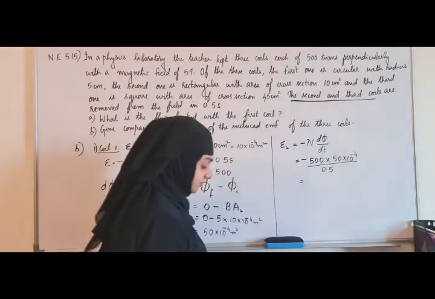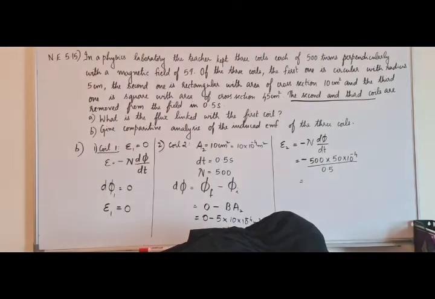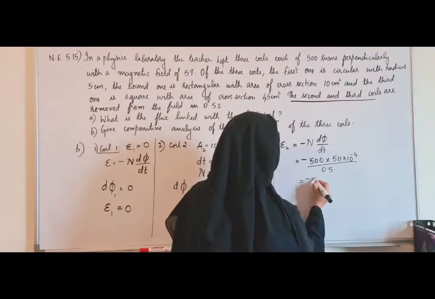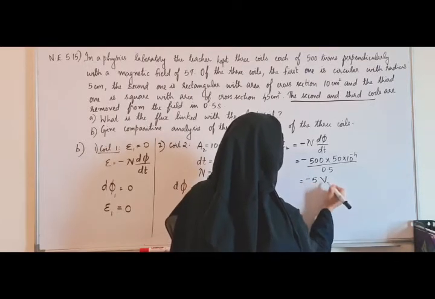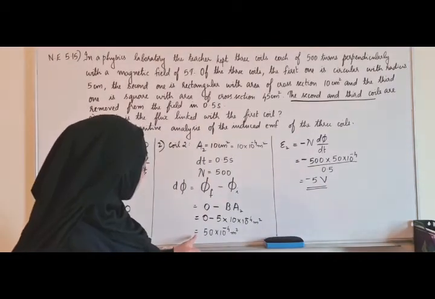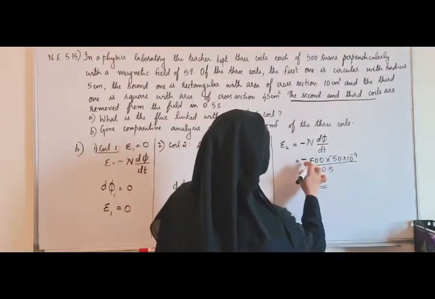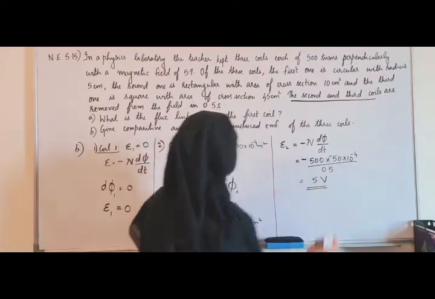So, you will get the value as the EMF of the second coil. Let me see the calculation. Okay, it will be minus 5 volt. There will be a negative sign here. Okay, I forgot to put the minus here. There will be a minus. So, minus times minus, it will be plus.